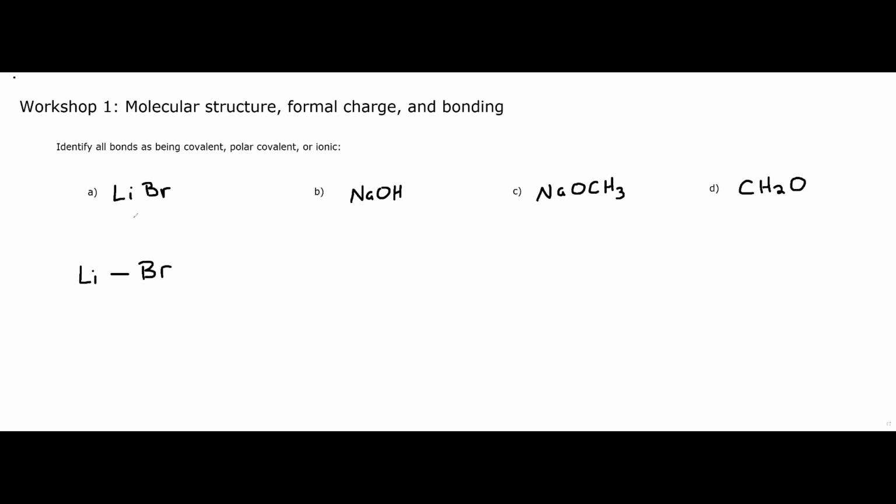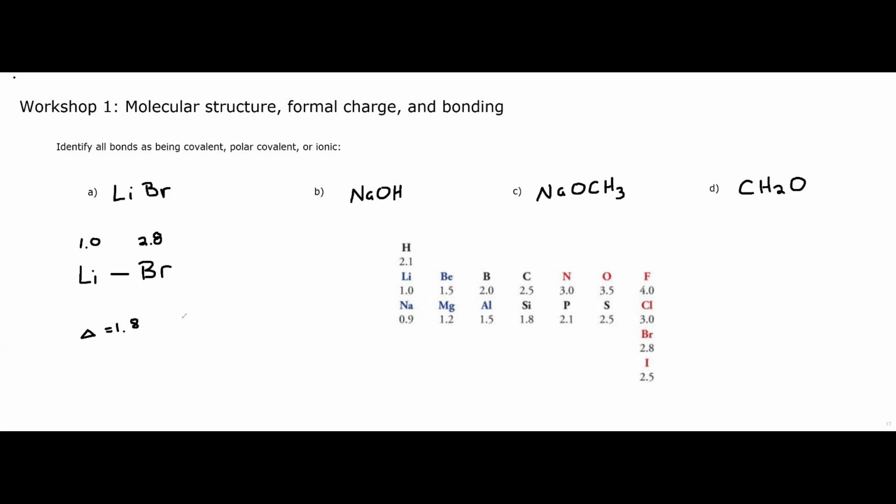Now, we need to refer to our electronegativity charts if we're not sure on this. What we need to do is look up the electronegativity of lithium, look up the electronegativity of bromine, and compare those 2 numbers. We see from our chart here that lithium is 1.0, bromine is 2.8. So the difference in electronegativity between these 2 is 1.8.